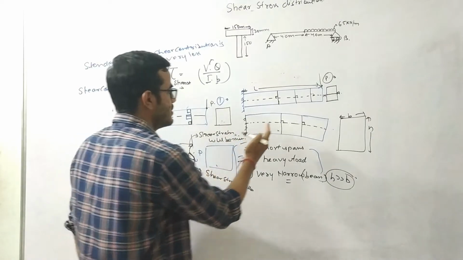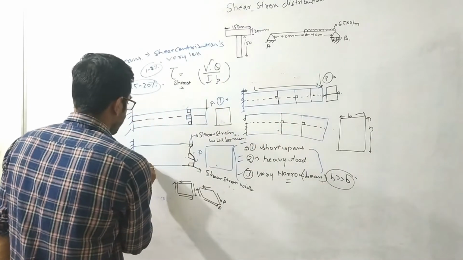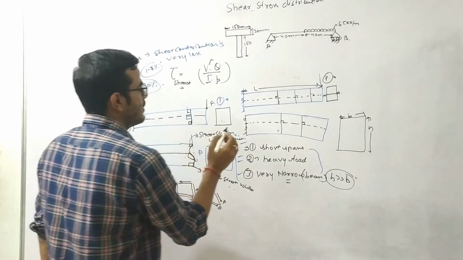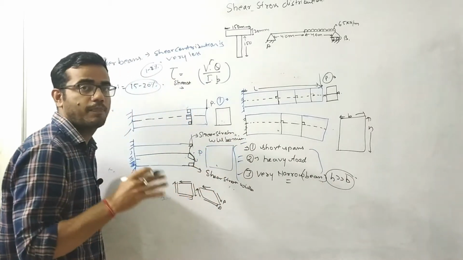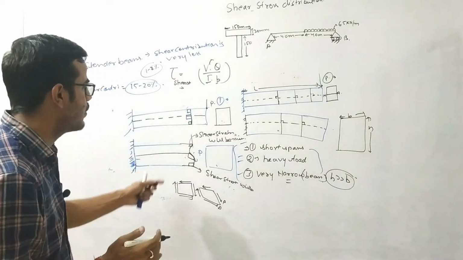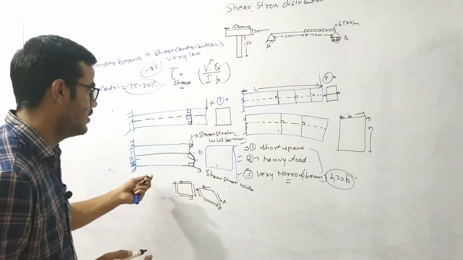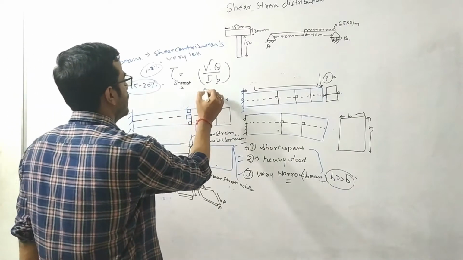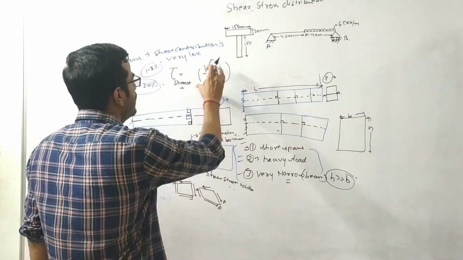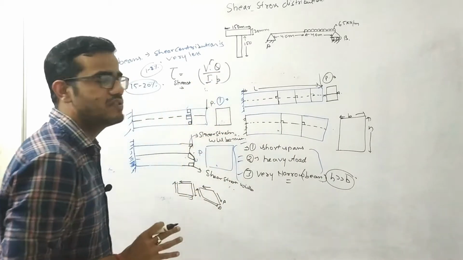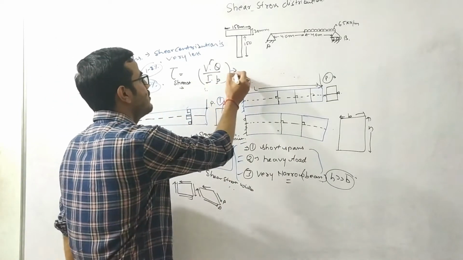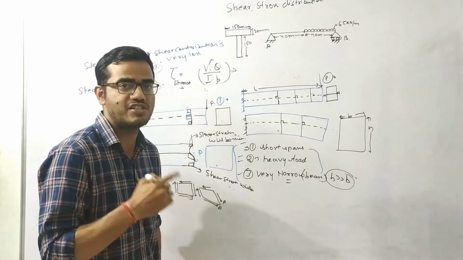You can see that the cross section is not plane before bending and after bending. Why? Because the shear contribution is dominating and coming into the picture. So I cannot use this formula. Why can I not use this formula? Because all the derivation which we derived for this formula considers only the bending stresses.